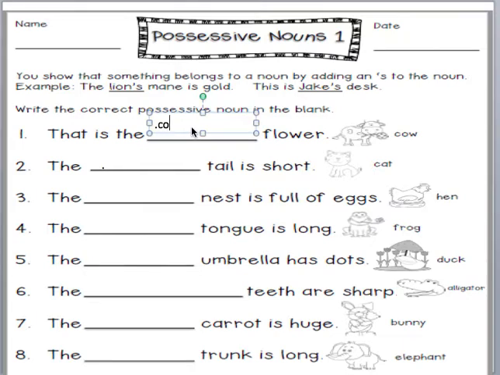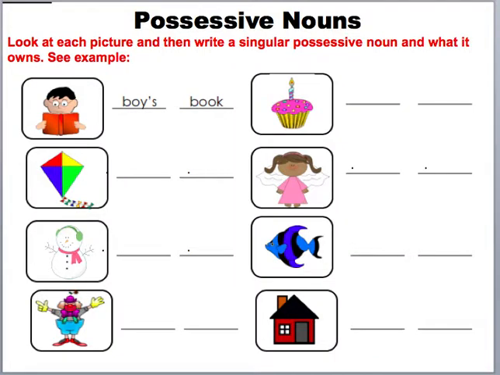So it is the cow apostrophe S flower, because this flower belongs to the cow, and there's only one cow. So I take my singular noun, I put an apostrophe S to show the possessive noun. You can do the rest by yourself. So whose tail is it? Cat's tail. Let's go to our next slide.